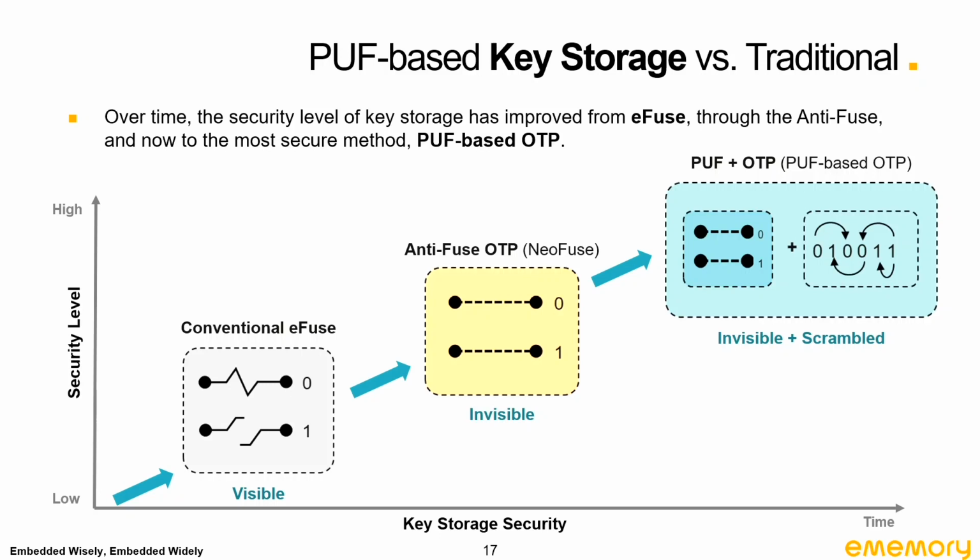We use the electron tunneling method at the transistor level, which can shrink with the process node and cannot be seen under a microscope.